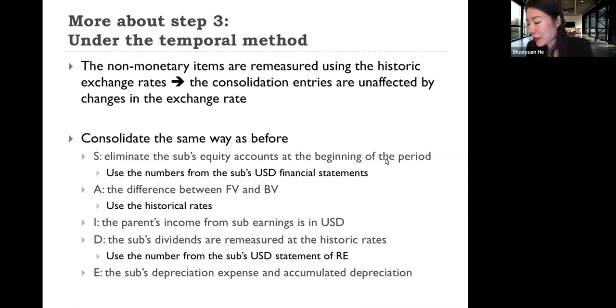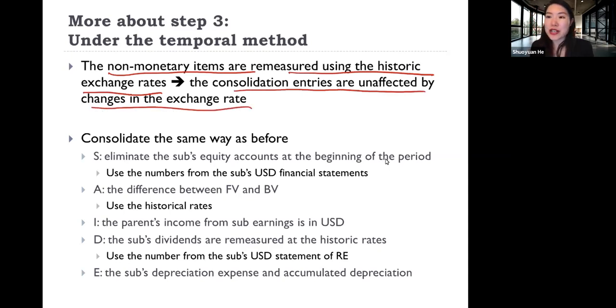Specifically, because non-monetary items are remeasured using the historic rate, the consolidation entries are unaffected by the changing exchange rate. When we look at the example, we will talk about it more concretely. So consolidation, we just do it the same way as before.